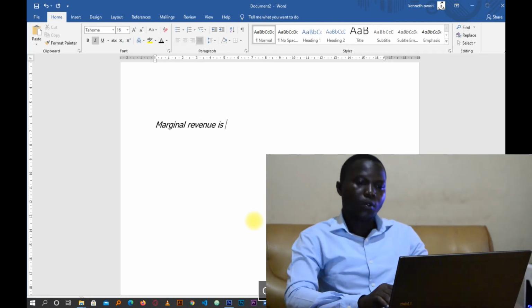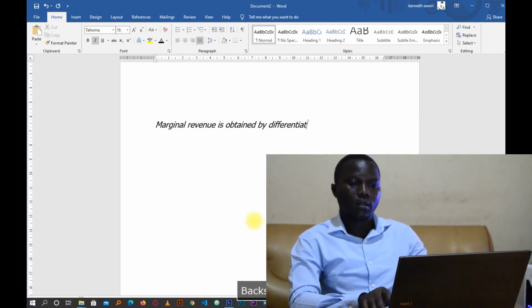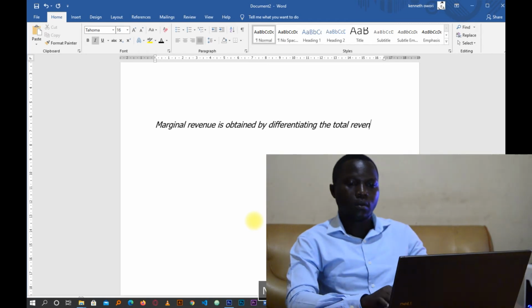Marginal revenue is obtained by differentiating the total revenue function.